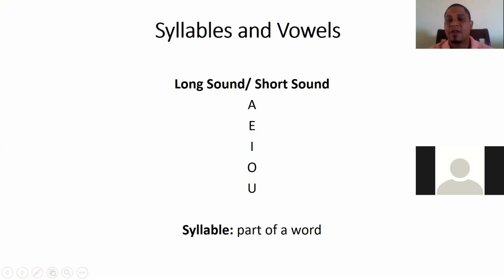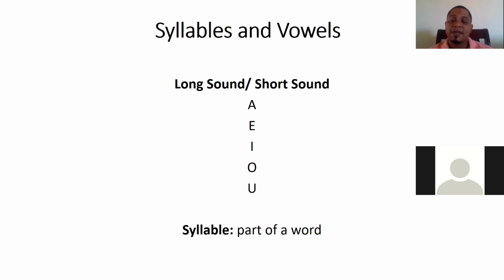All right, now, here we are. Syllables and vowels. Do you guys know, well, it is there, so I'm not going to ask you, it is there. A syllable is a part of a word, okay? So we divide words into syllables, okay? Now vowels. The vowels are the letters of the alphabet that are not consonants.